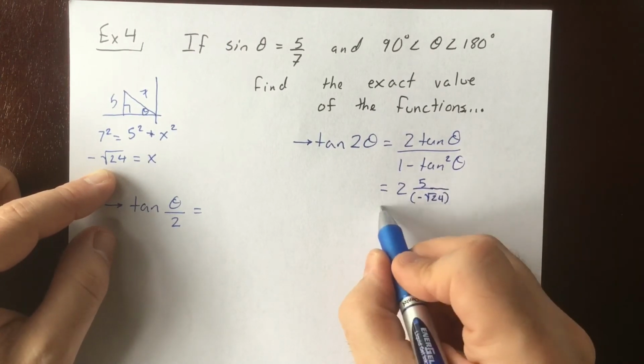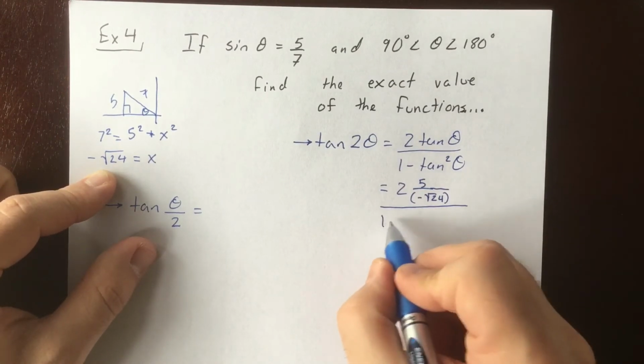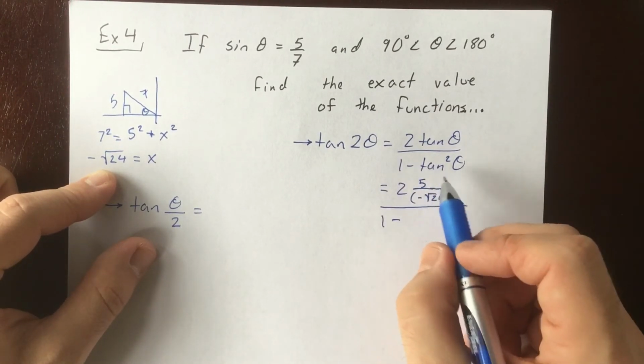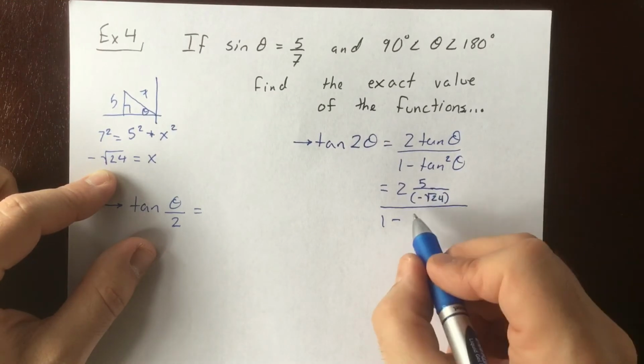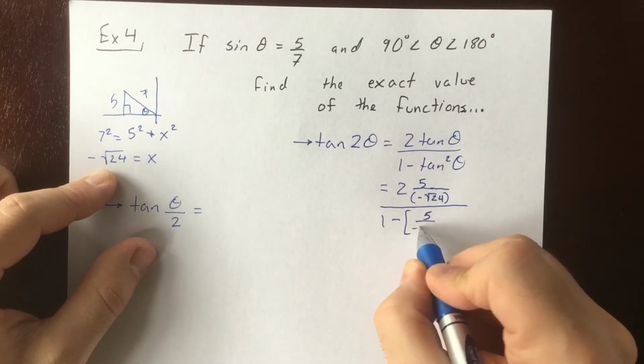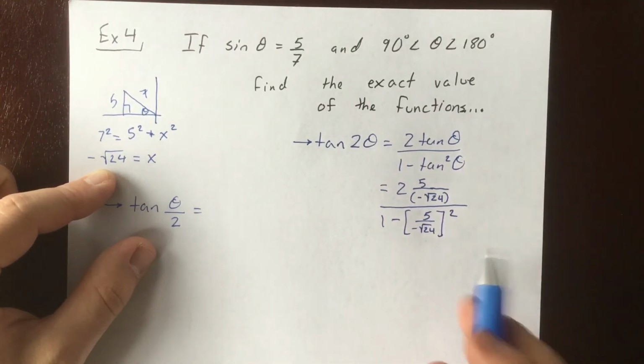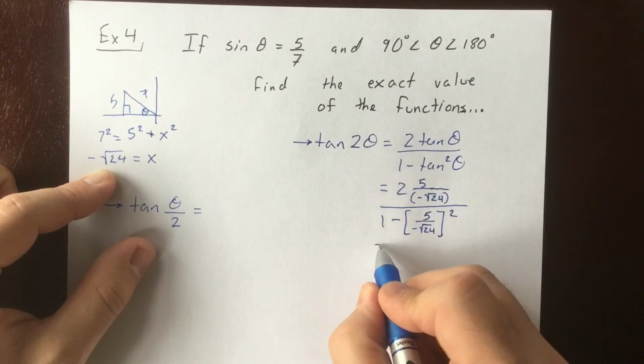All right, that's not bad, I guess. Then we have 1 minus tangent of theta squared. So tangent of theta squared is going to be 5 over negative square root of 24 squared. Yikes. Let's work with it.